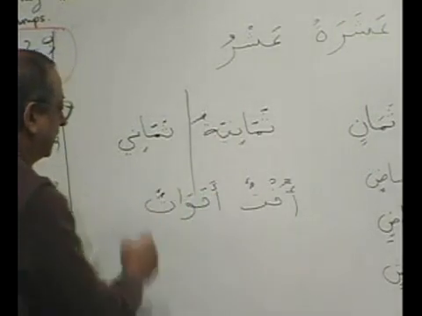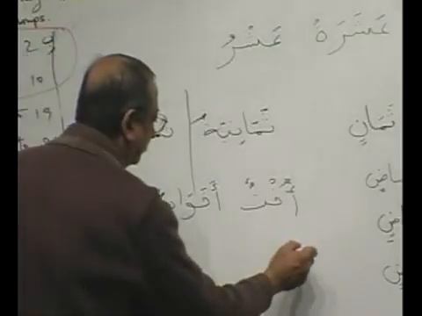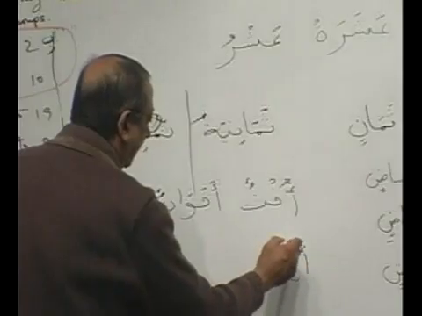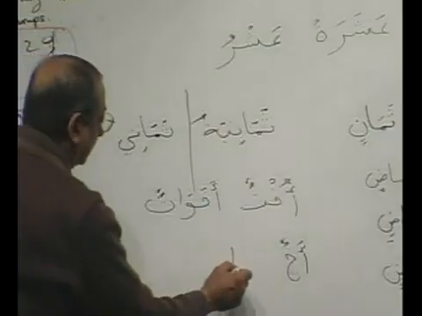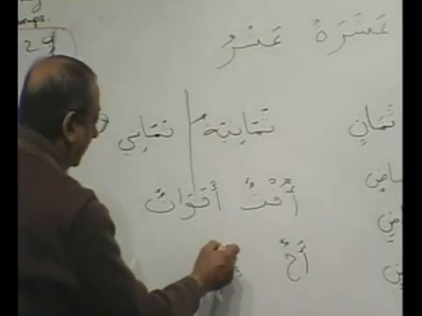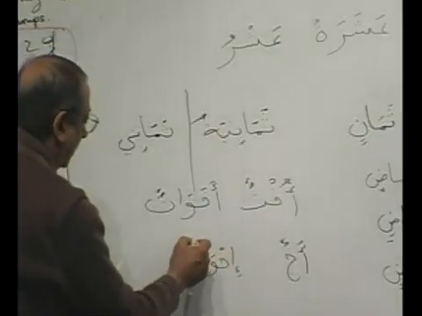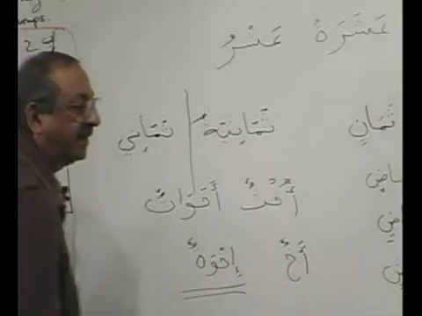Akhawatun. Okay. And what is this? Akhun. What is the jama? Ikhwatun. Even though it is ta marbuta, it is muzakkar.